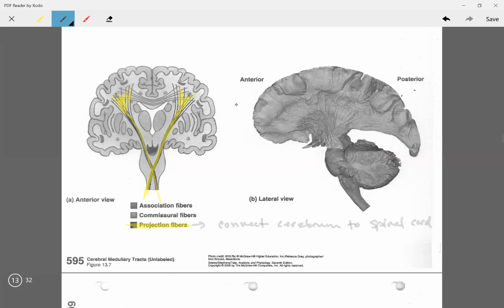All right, they connect the cerebrum to the spinal cord. Okay, as you can see there, here's like the cerebrum area, and there's your spinal cord area. So they are wires that connect cerebrum to the spinal cord.